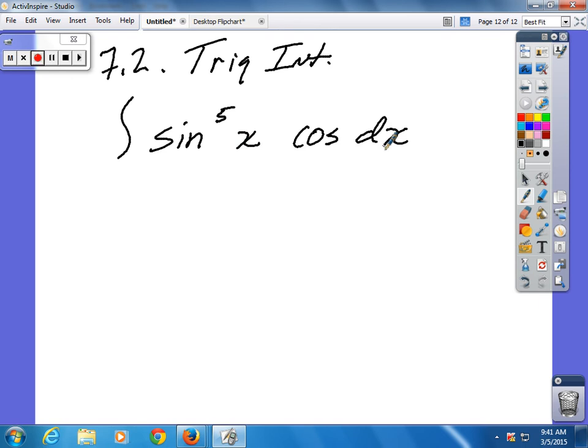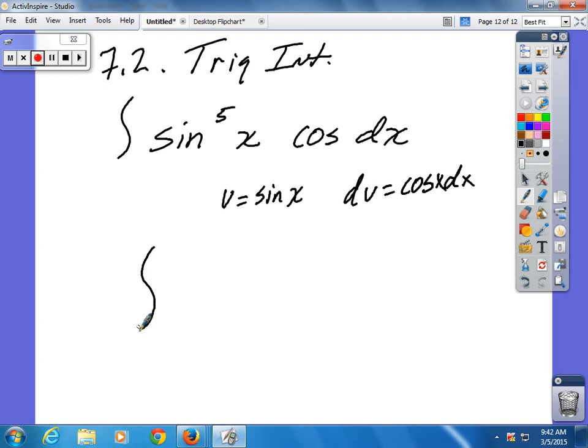Now what do you notice about this? If I set u equal to the sine of x, what's du? Du is equal to cosine of x dx, right? So technically I have u to the 5th du, right?